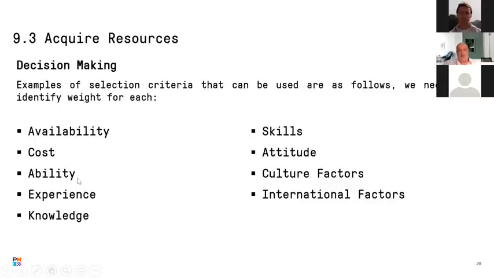The cost, the ability to do the job, the experience in doing similar projects, the knowledge, the skills, attitude, culture factors, international factors. All these are samples of the different criteria that we may have while selecting the best resource, whether physical or usually in the human, of course, but some of these can apply also to the physical.